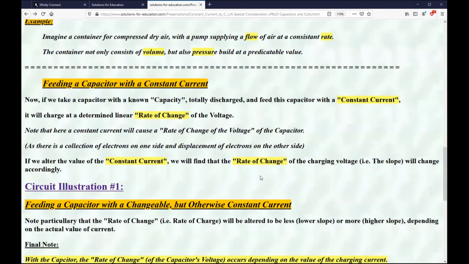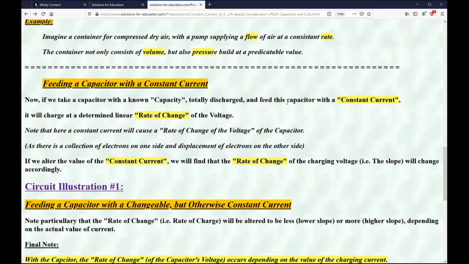Now come on down here. Now, here we go. Let's take, this is where we really get serious. And by the way, this is where you have to have a whole different mental discipline than what you normally think of with feeding capacitors and coils with voltage. Here, we are using a current, and the current is held to a particular value for a particular period of time.